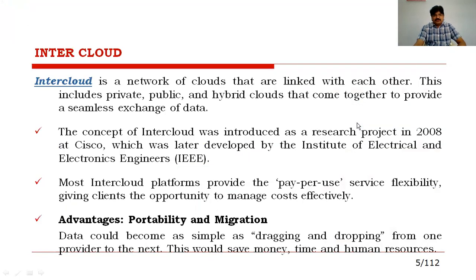Now let us discuss the definition of intercloud computing. Intercloud is a network of clouds, that means a cloud of clouds, where different types of clouds are linked to each other.